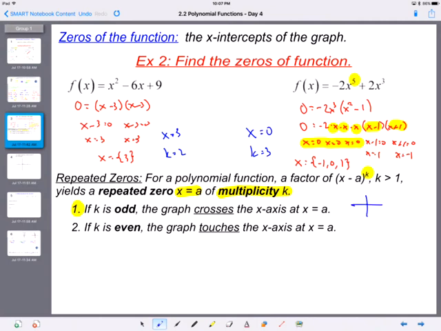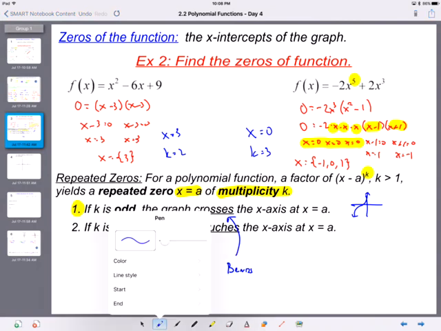Now it crosses, but it doesn't just cross. There's like this bend that occurs. So I'm going to say cross, but I'm also going to add that it bends. Because it doesn't just cross straight through, it bends as it goes through.